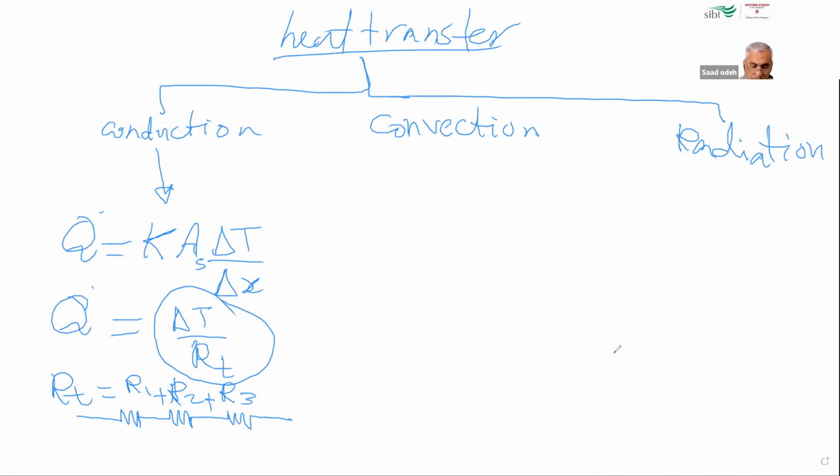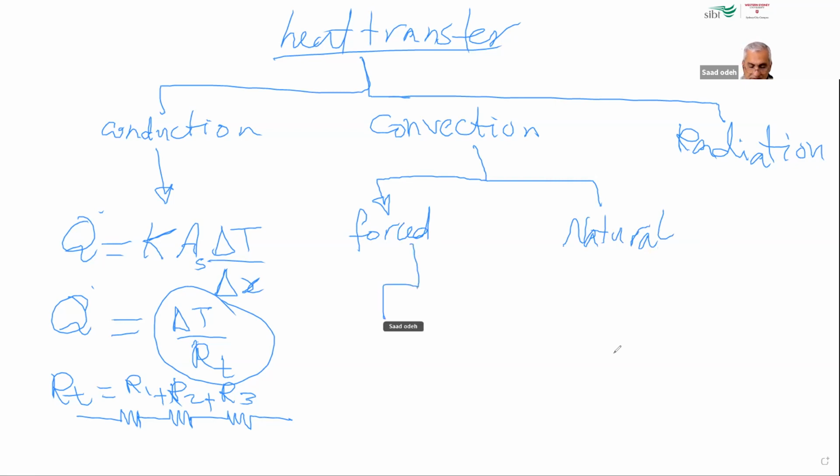Convection is maybe the most complicated part. Convection has two parts. You need to ask yourself, is it forced or natural? If it's forced, then ask yourself again, is it internal or external?